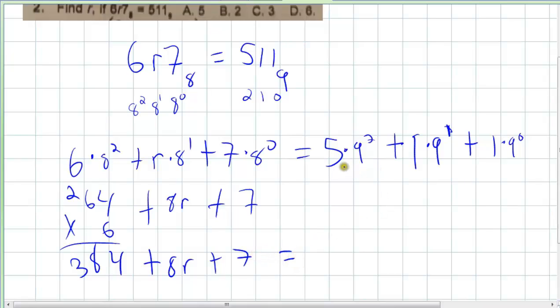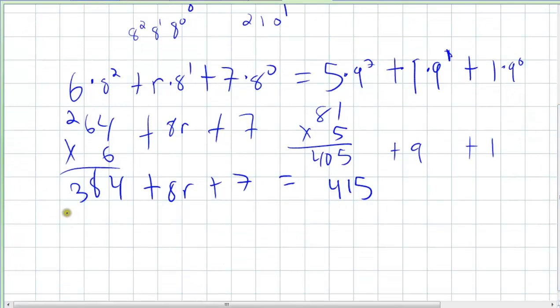And we're going to set it equal to, so over here we're going to have to do 81 times 5. So this is just going to be 5, and this is going to be 40. So 405 so far. And then 1 times 9 to the first power is just 9, and 1 times 9 to the 0 power is just 1. So we have 405 plus 10 is going to be 415. Okay? So we're this far.